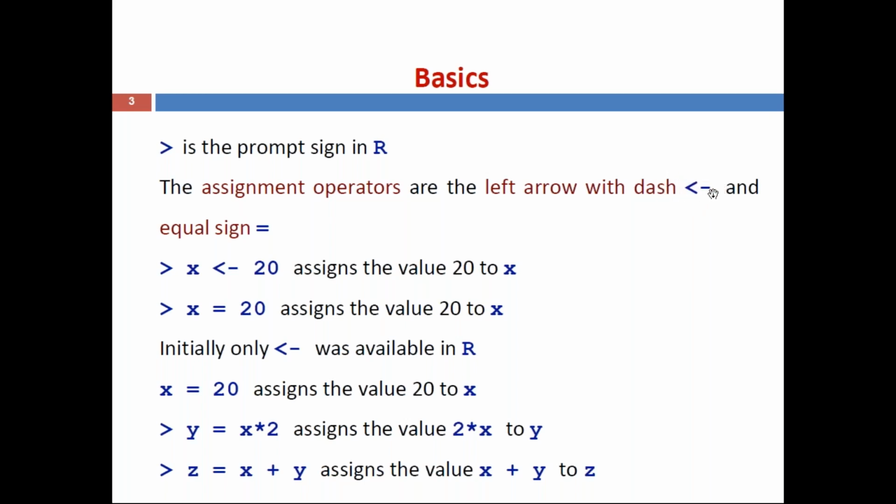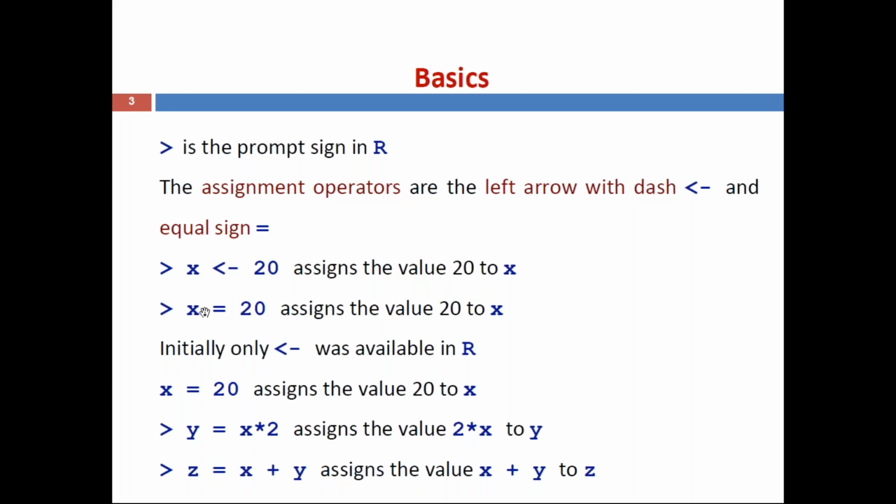That is the assignment operator. See, for example, x <- 20. This symbol is nothing but the assignment operator. What is the meaning of this? It assigns the value 20 to x. So 20 is stored in the variable x.